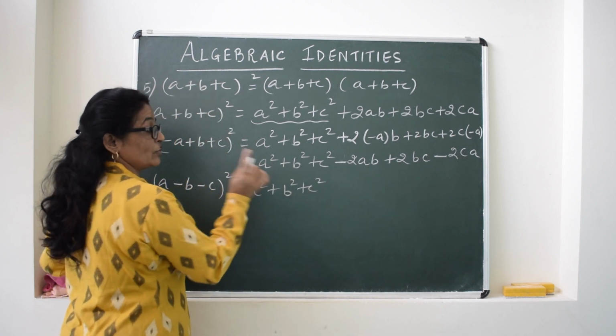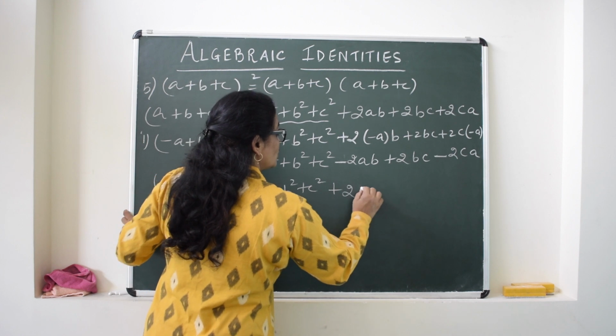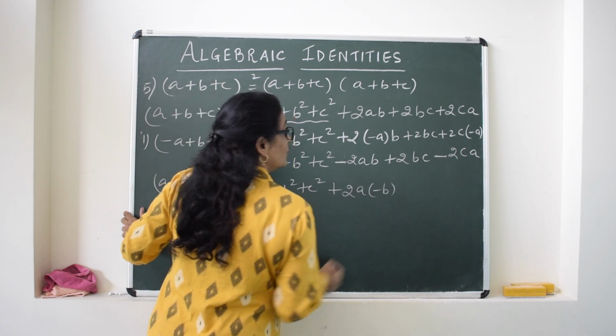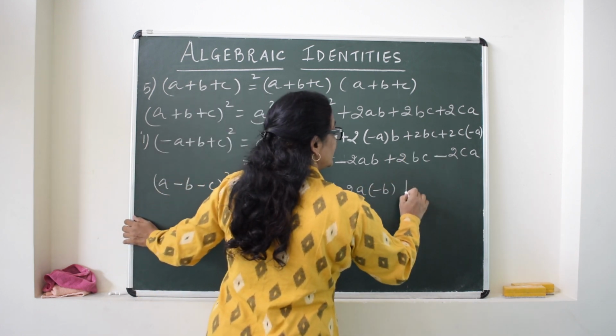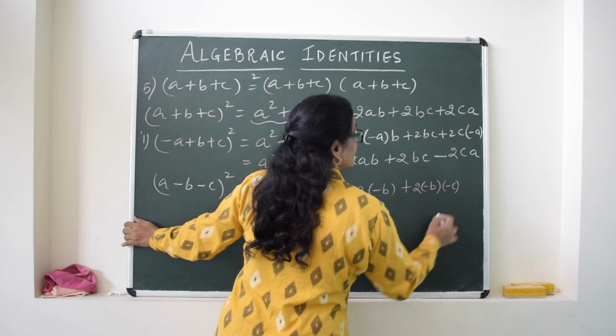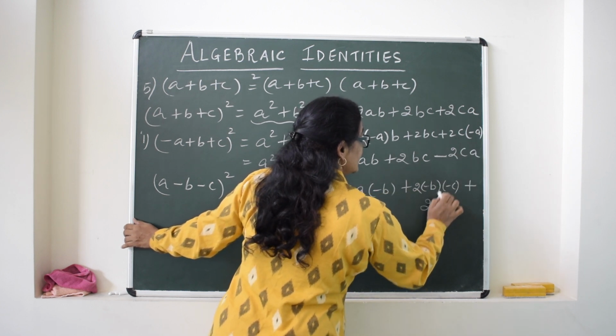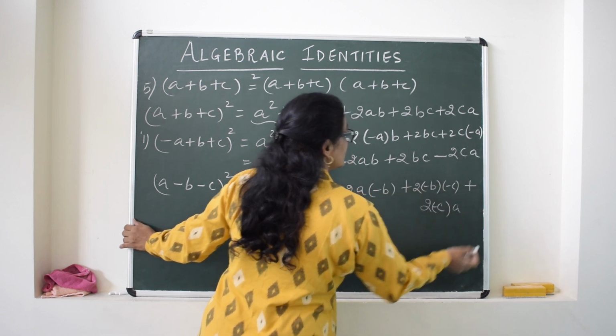As I said, these three terms will be as it is. Now b is negative, so twice a into minus b. Again b is negative, as well as c is also negative. And here in the last term c is negative, a is positive.